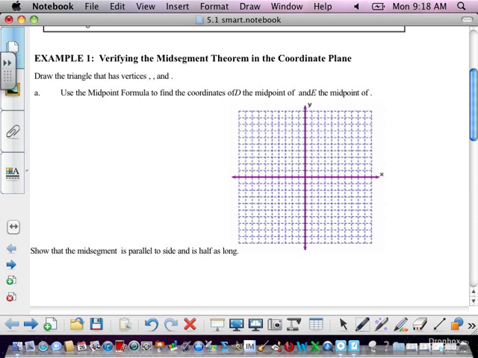First, we're going to draw a triangle that has these vertices. A is negative 3, 0. I like to write not just the letter A right here, but what it is. I know this is negative 3, 0. Next, we've got B, which is 3, 6.